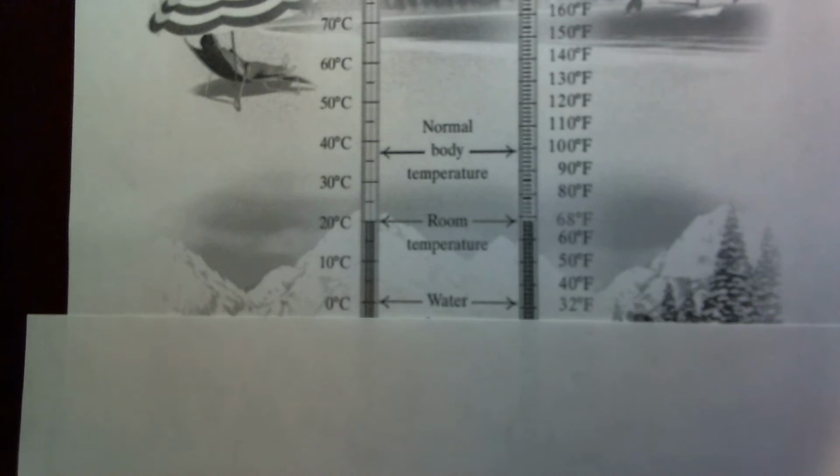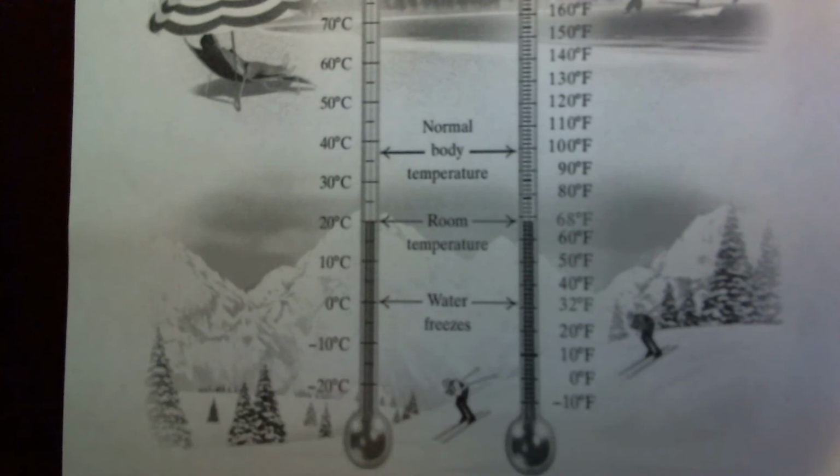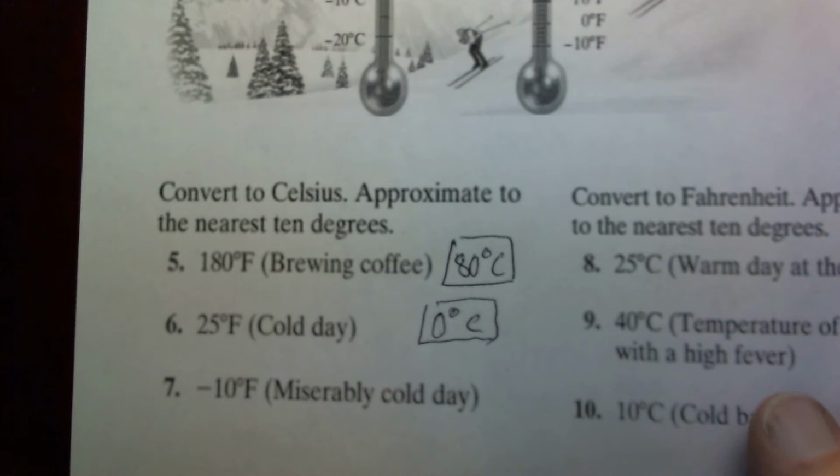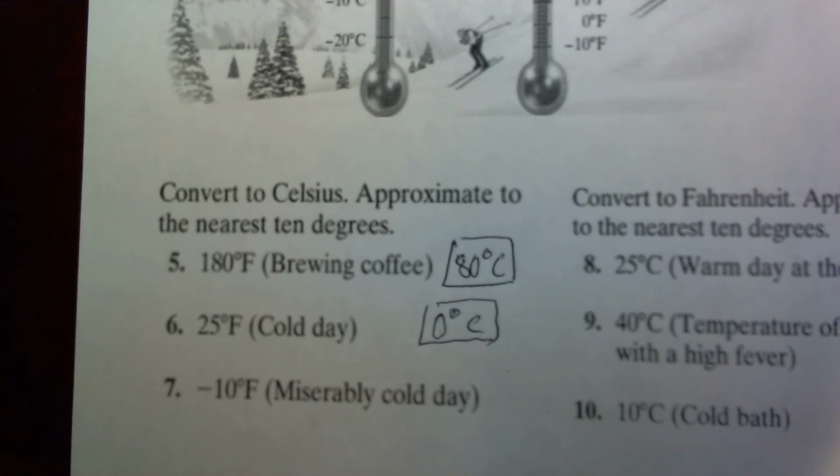It's not exactly, but it's about 0 degrees Celsius. And minus 10 degrees Fahrenheit. So here we're at minus 10, and you can see that corresponds to about minus 20 degrees Celsius.